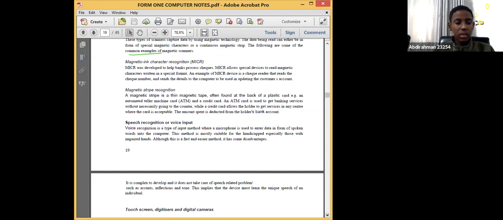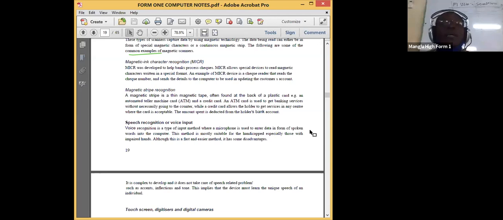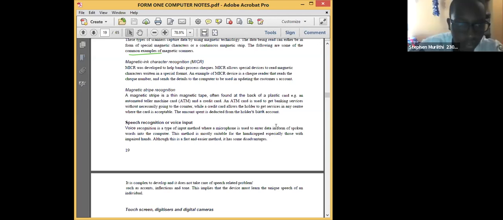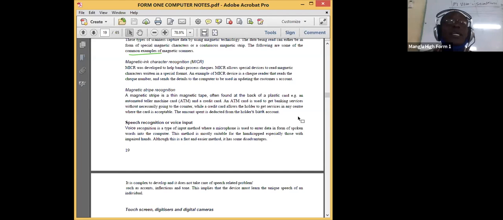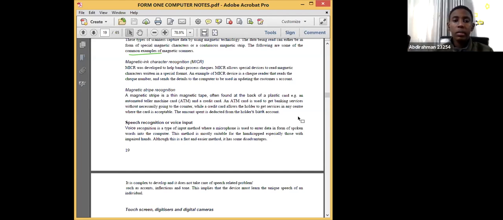Excuse me. Yes. Teacher, we don't have magnetic stripe recognition in our notes. Pardon? We don't have stripe recognition. You can see what we have. I can explain them to you. It is there on your board, isn't it?